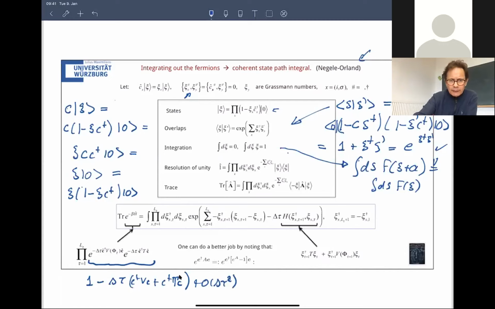I have 1 minus delta tau times h, which is now defined exactly like this, but now with the Grassmann variables, tau on one side, tau plus 1 on the other side. This here comes from the resolution of unity. This is this term here. And this term here comes from the overlap from this equation here.